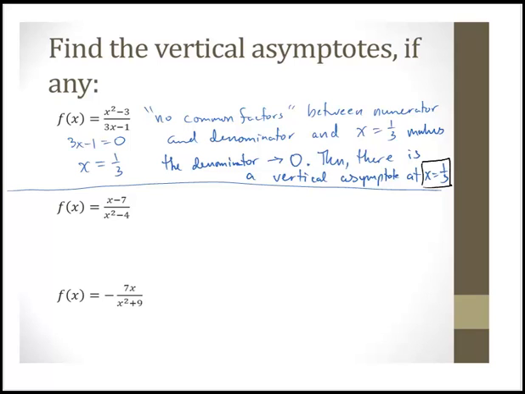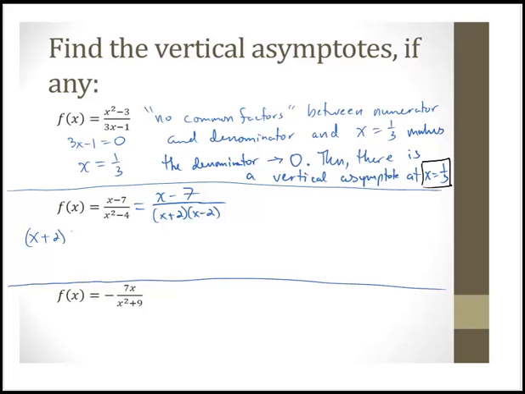All right, second example. We have f of x is x minus 7 over x squared minus 4. Now, I can write the denominator as x plus 2 times x minus 2. Notice that there are no common factors between the numerator and denominator. So setting the denominator to 0, I'd have x plus 2 times x minus 2 equals 0. Setting each of the factors to 0, x plus 2 equals 0, which implies that x equals negative 2. x minus 2 equals 0, which implies that x equals positive 2.